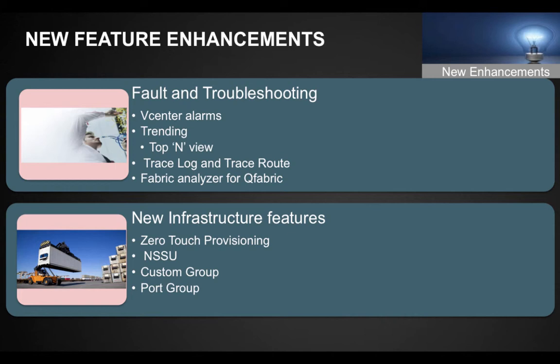Custom group allows you to combine different switches from different buildings or different locations. You can put them in a temporary group and do operations like image upgrade or software configuration.